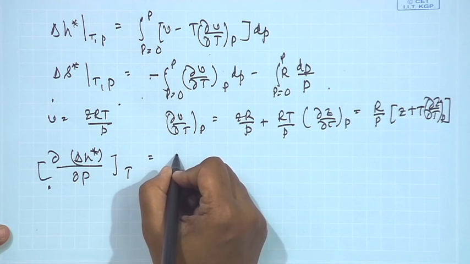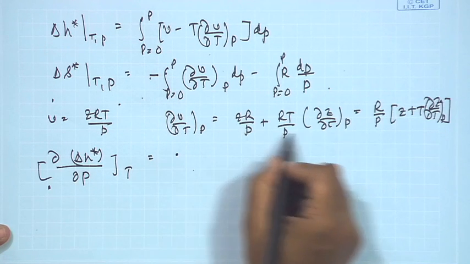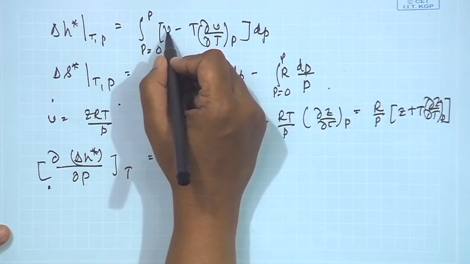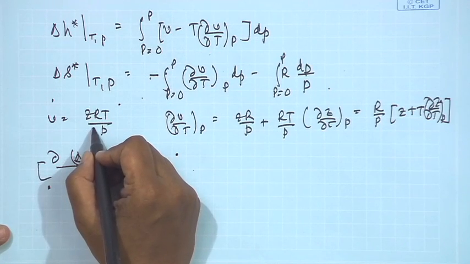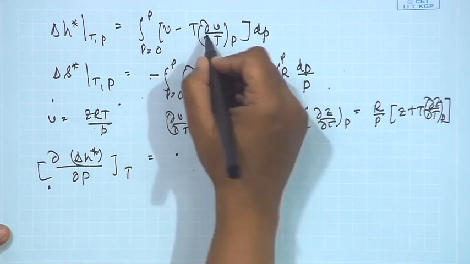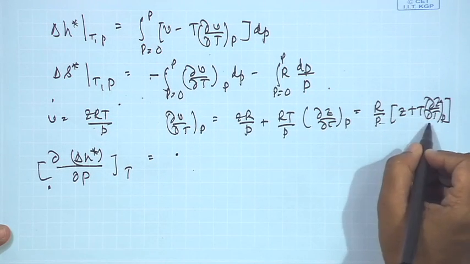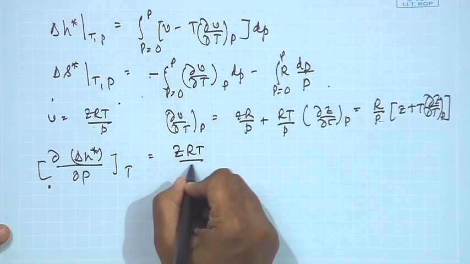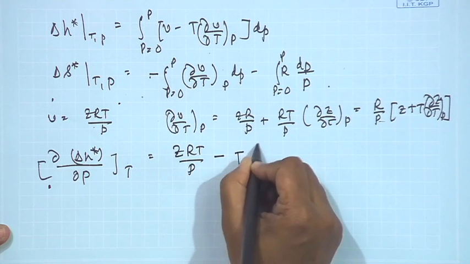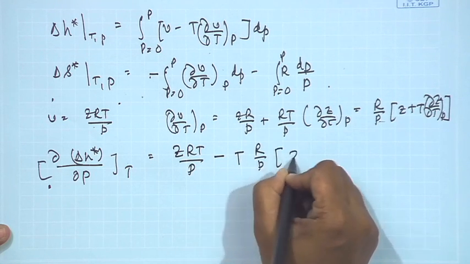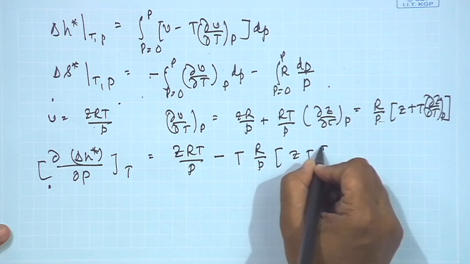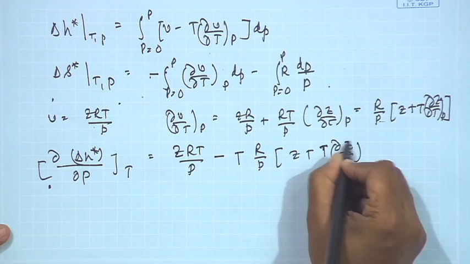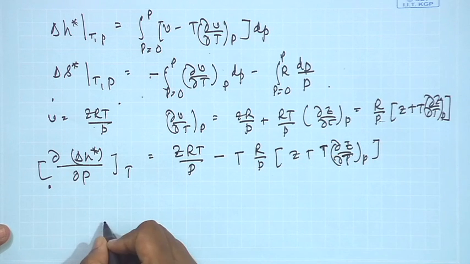This is nothing but, if you simply substitute this equation here, then what do we get? Instead of V, we are going to write ZRT by P and then minus T, the expression for del V del T at constant P. What does it reduce to? ZRT by P minus TR by P, Z plus T del Z del T at constant P. Agreed?